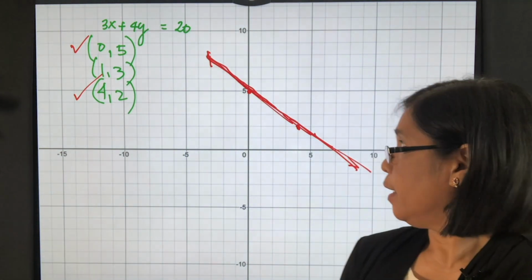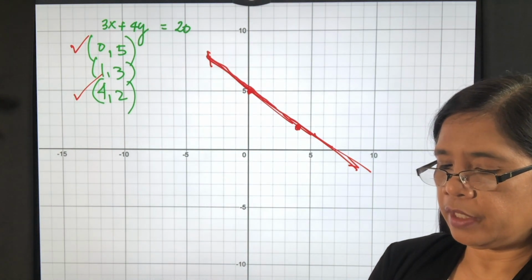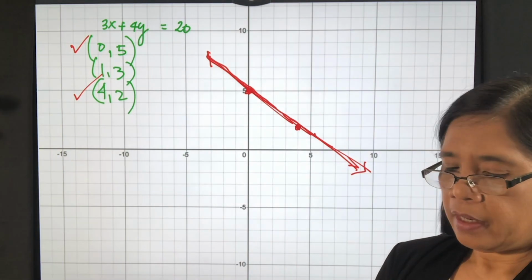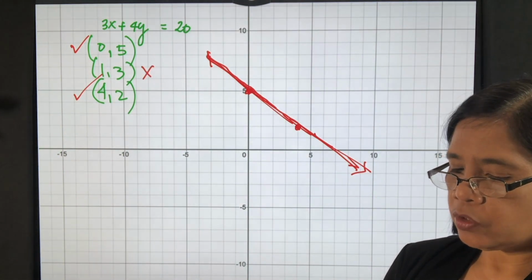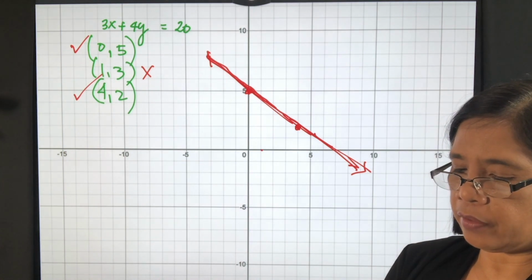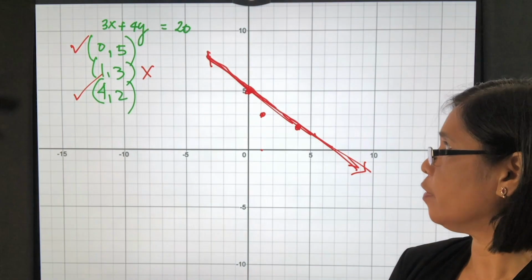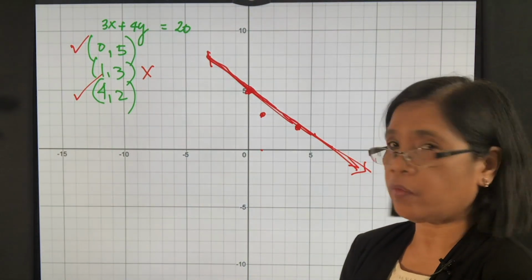Solutions (4, 2) and (0, 5) lie on the same line. And the point (1, 3), we said that this is not a solution. So when we graph (1, 3), notice that it's outside the line. It's not on the line or not on the graph of 3x plus 4y equals 20.